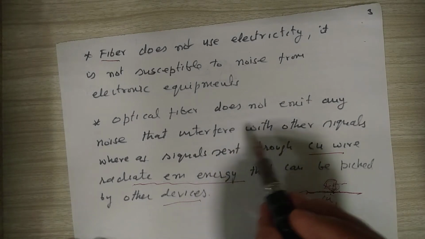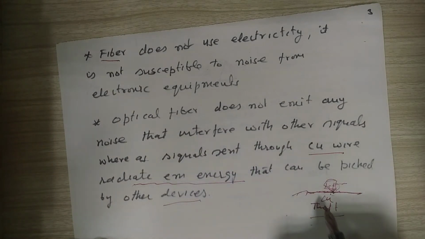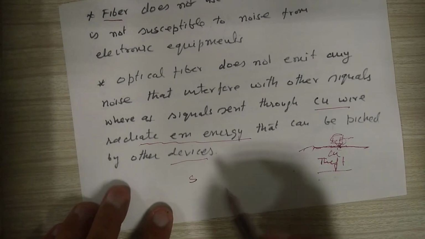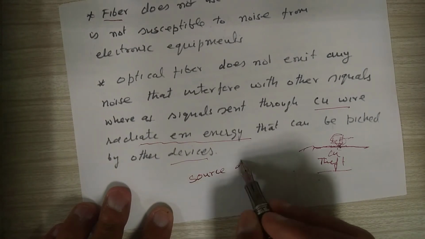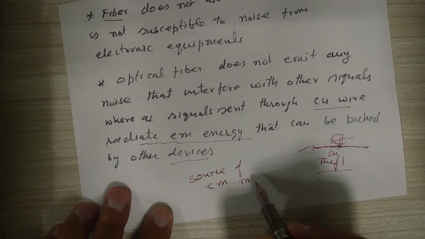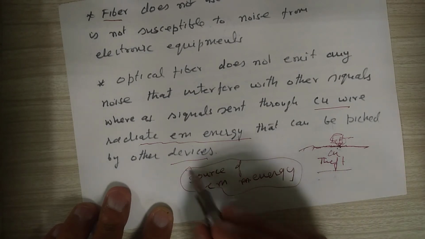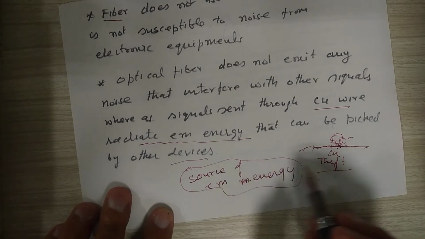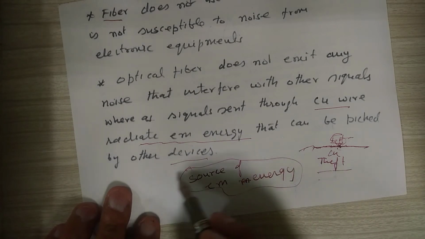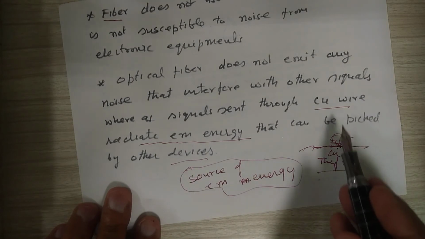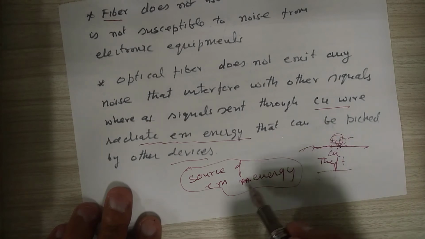And another is, for example, if we are installing, if here is a device which is a source of electromagnetic energy, if there is any source present nearby the copper wire, if your telephone wire is passing through near this device, your signal can be trapped.